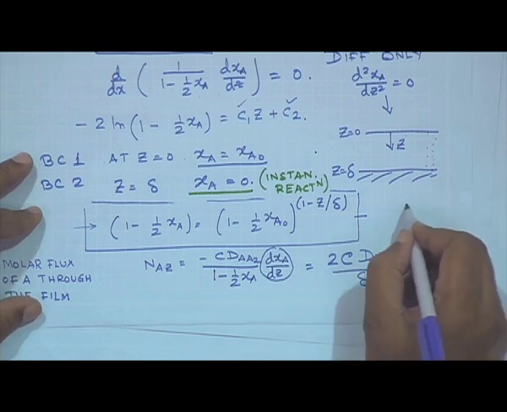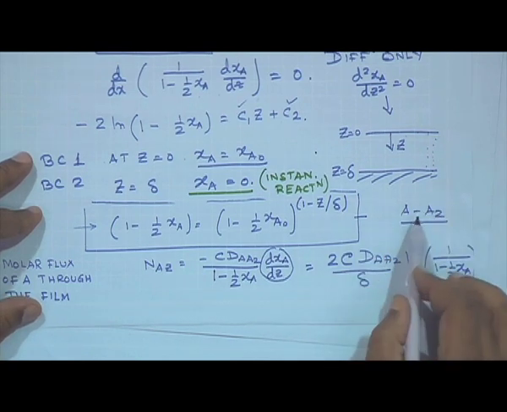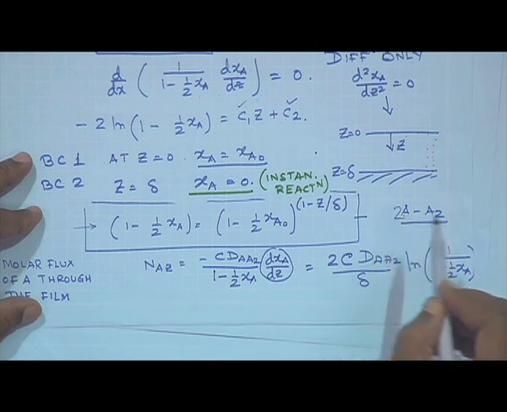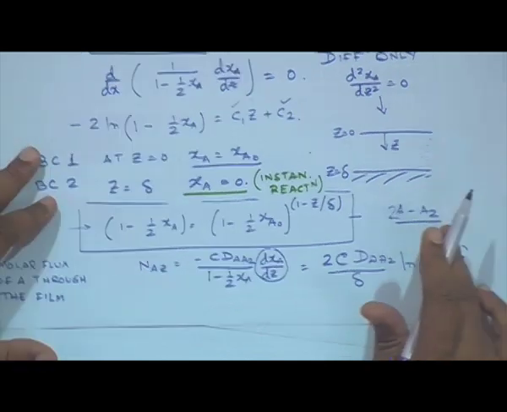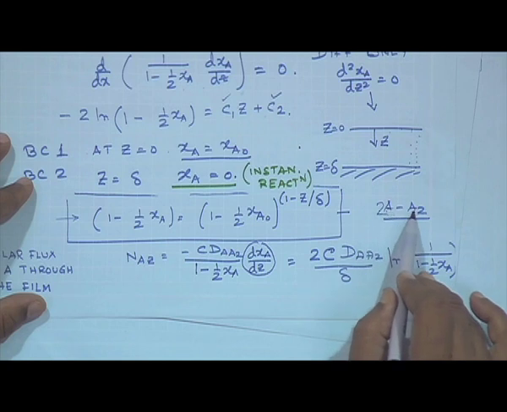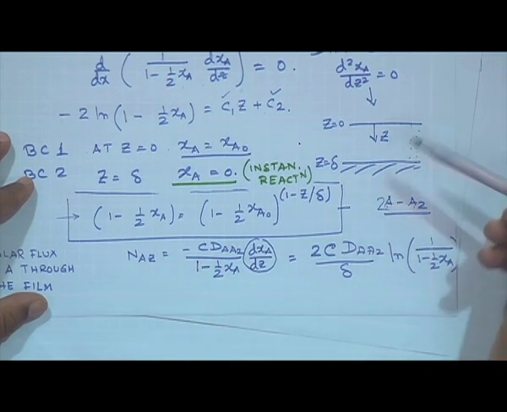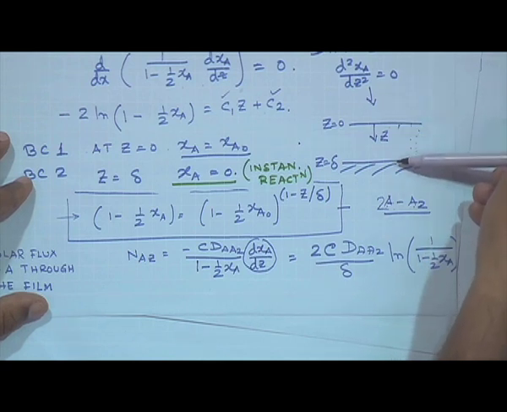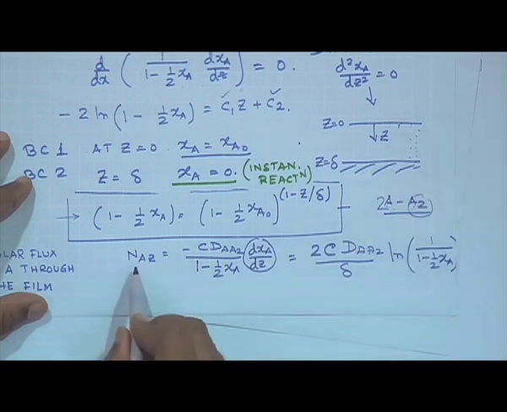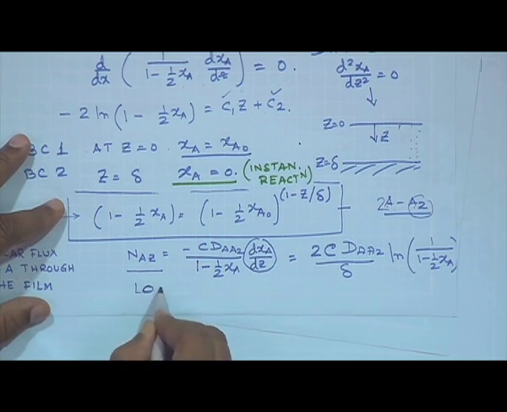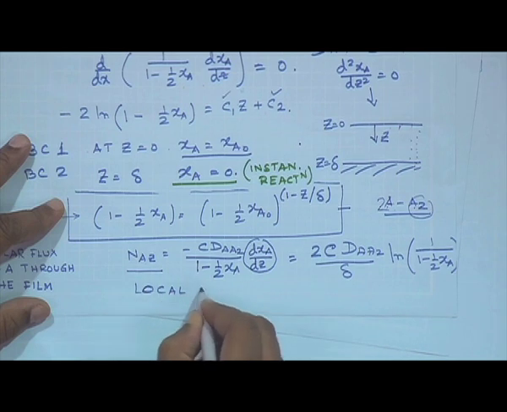Now, the reaction A giving A2 is simply a dimerization reaction. Twice A giving A2, that was the reaction which we have used. So, it is essentially 2 moles of A forming a dimer, which is A2. Since at steady state, whatever be the rate at which the molar flow of A comes towards the surface gets converted into A2, N_Az can also be written as the local rate of dimerization.